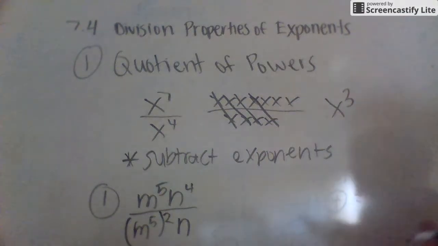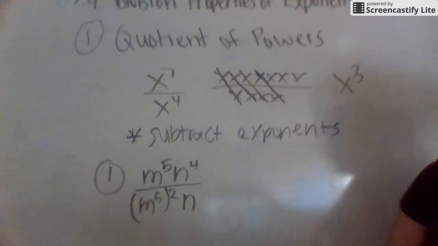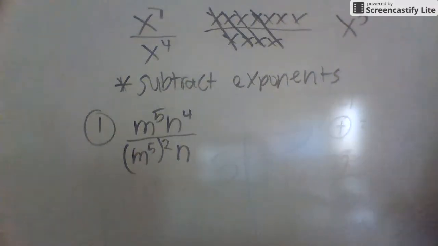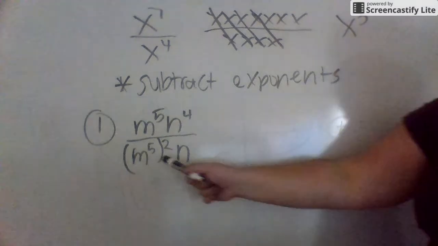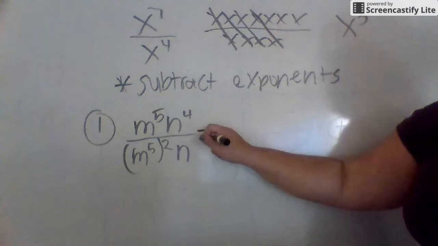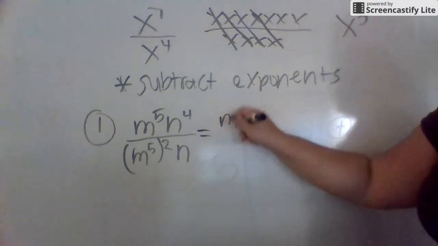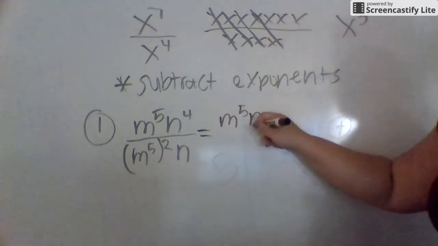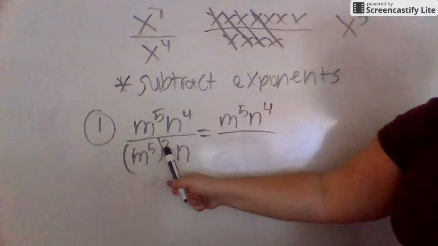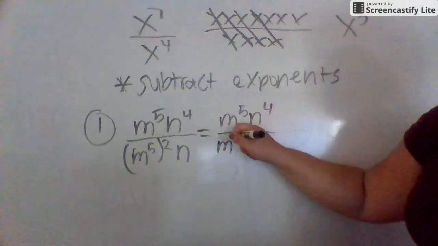So if you notice, we still have to apply our multiplication properties. Over here, we have a power raised to another power, so we have to multiply. So we'll have m to the 5th, n to the 4th. The top stays the same. The bottom will multiply. 5 times 2 is 10.